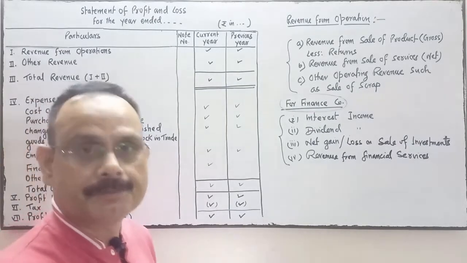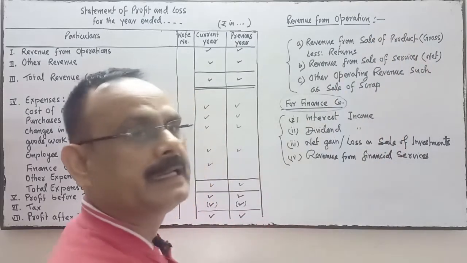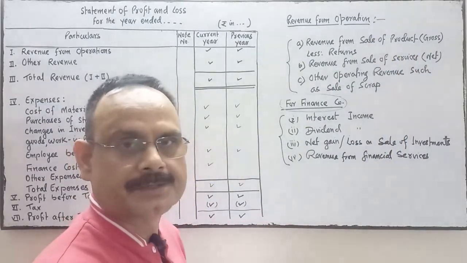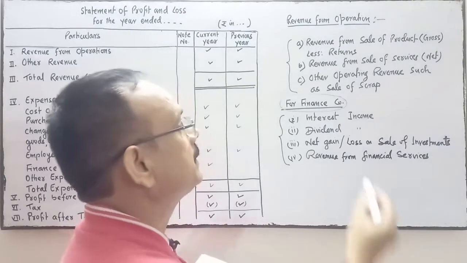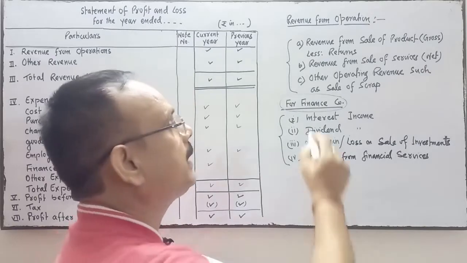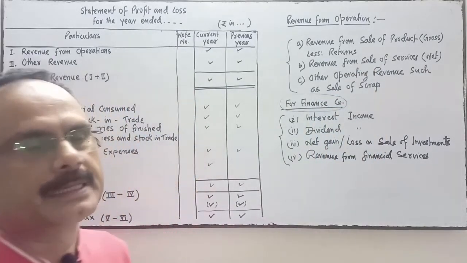And if it is a manufacturing company, then revenue from sale of product, gross less return. And if it is a service industry, then revenue from sale of services, and other operating revenue such as sale of scrap. Is it clear?